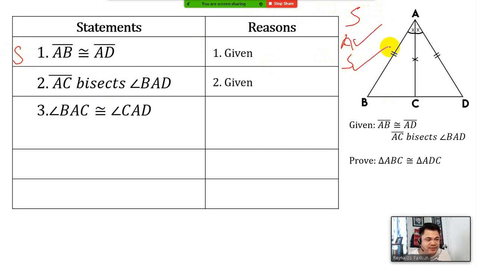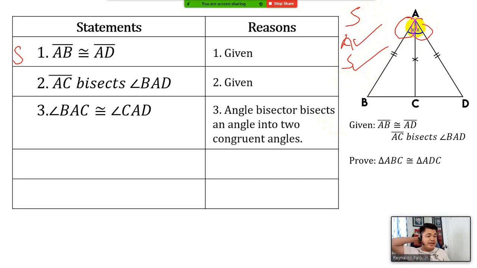So let's have the A. Angle BAC is congruent to angle CAD because an angle bisector bisects an angle into two congruent angles. These are written in the remember part. These are the postulates that I presented before we started this example.